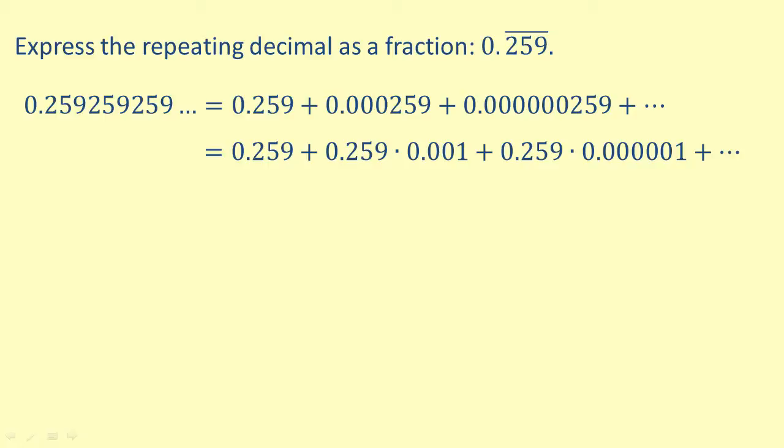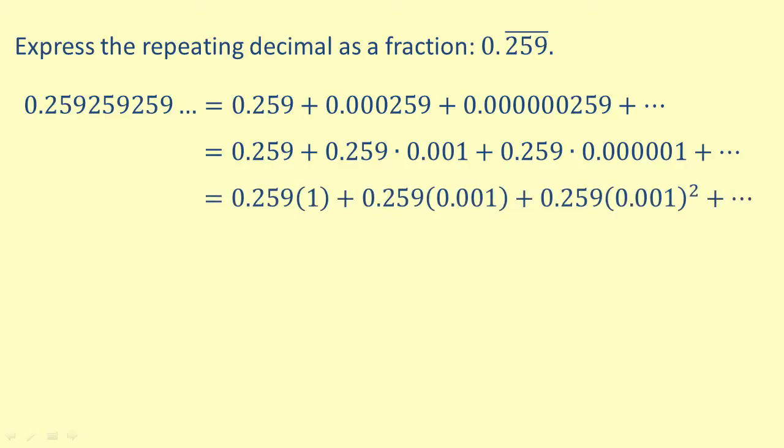Examine the result and note that every term has a factor of 0.259 and the remaining factor is a factor of 0.001. So, we have 0.259 times 1 plus 0.259 times 0.001 plus 0.259 times 0.001 squared, etc.